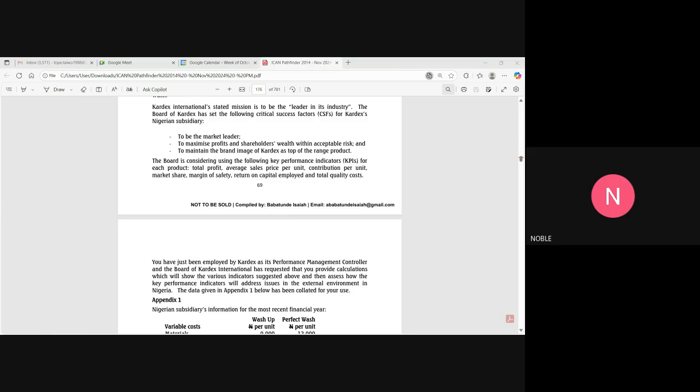In sales. Good. So your sales in units is what? For Wash Shop it's 1.12. And for Perfect Wash it is 0.44.